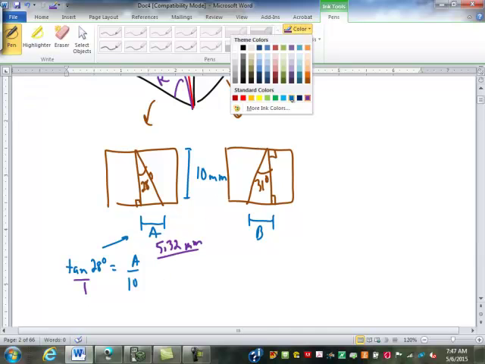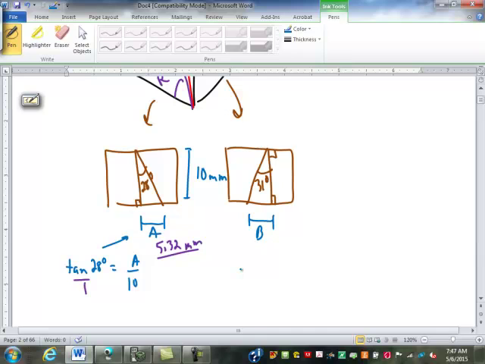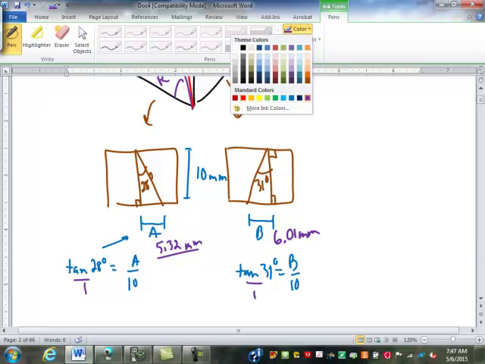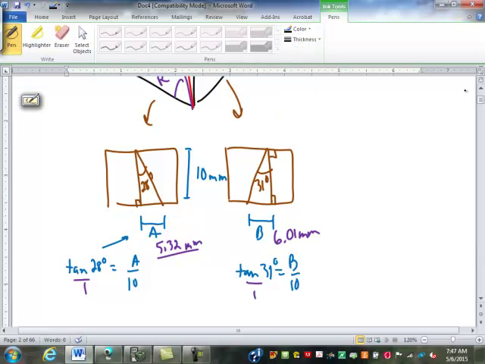Then over here, tangent of 31, and then B over 10, cross multiplying and dividing gives us that B is 6.01. Now what? Well, basically now we have the exact same situation we did before, right?